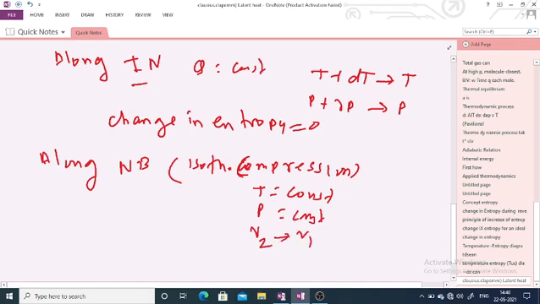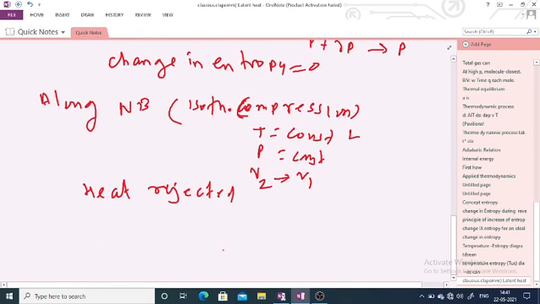Now the process is once again isothermal and isobaric, because pressure is constant and temperature is constant. So a compression takes place at constant temperature, and heat is rejected by the system. During this process heat is rejected, but in this case there is a change in phase.